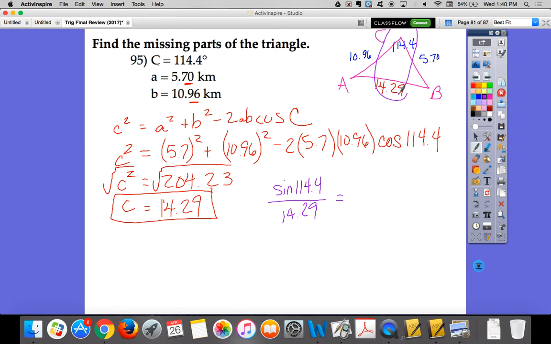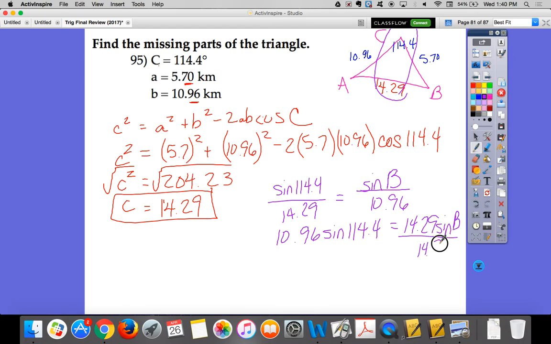Now, it's whichever one you want to find. I tend to like to do the larger ones, so I'm purposely going for B. Cross multiply. 10.96 sine 114.4 equals 14.29 sine B. Divide through by 14.29. And it's just a matter of typing it in.